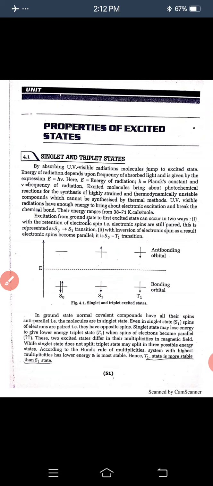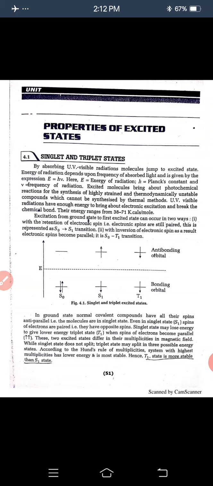In the ground state, normal covalent compounds have all their spins anti-parallel, that is, the molecules are in the singlet state. Even in the singlet state S1, the spins of the electrons are paired, that is, they have opposite spin. A singlet state may lose energy to give a lower energy triplet state, known as T1, when the spins of the electrons become parallel, that is, the same spin.